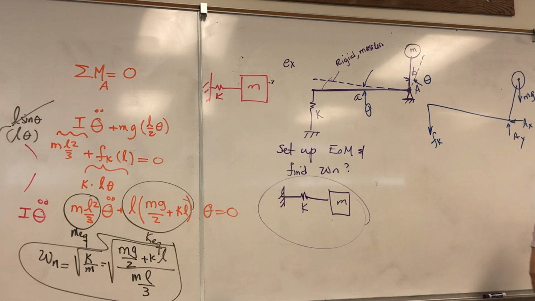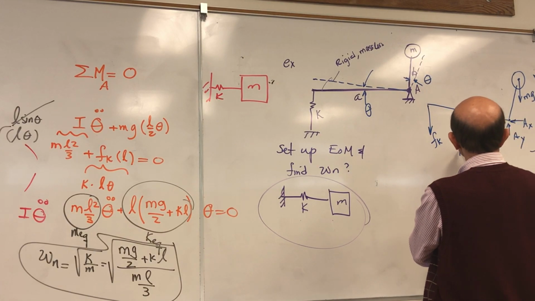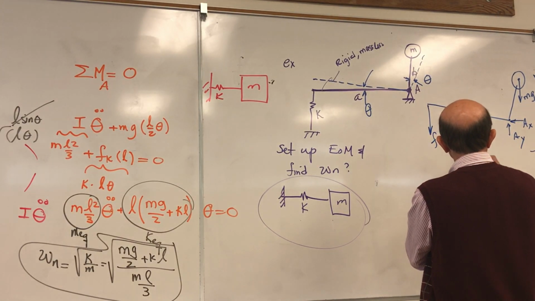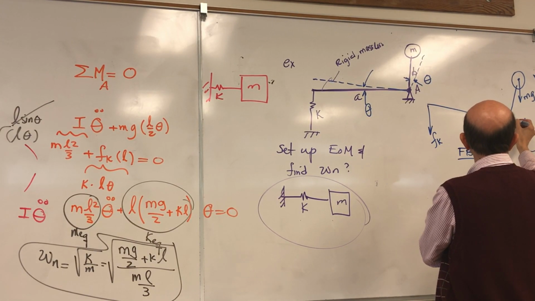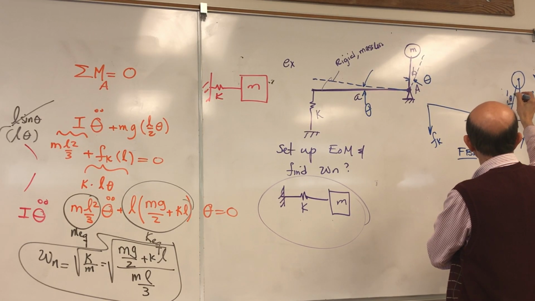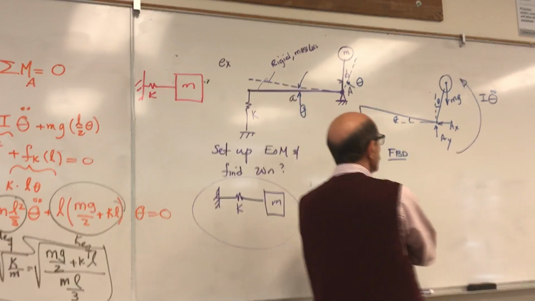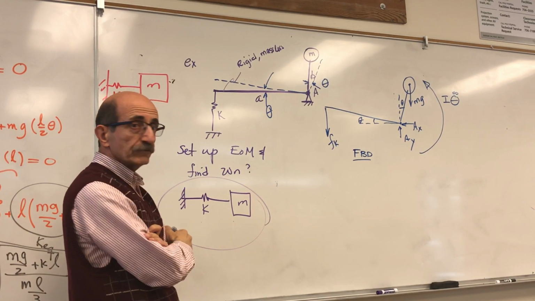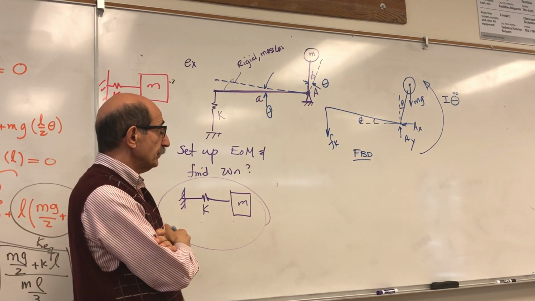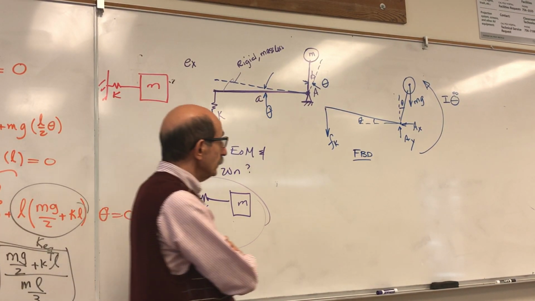And if this is moving that way, the rotational inertial force would be this way. So that is the free body diagram. Theta and theta, okay?